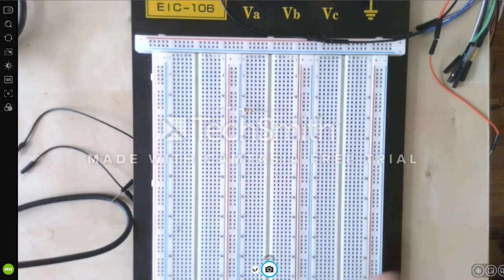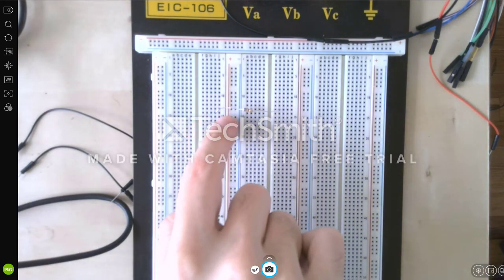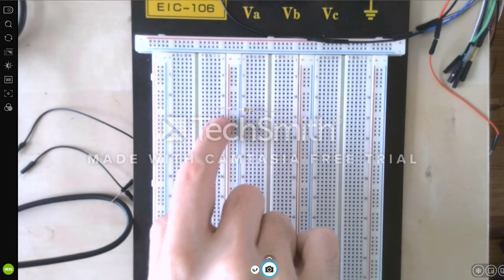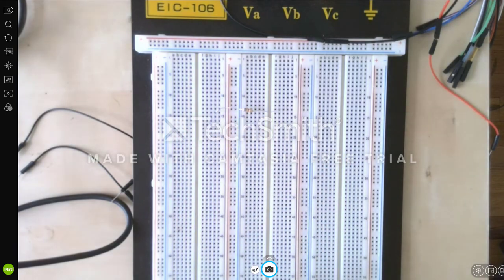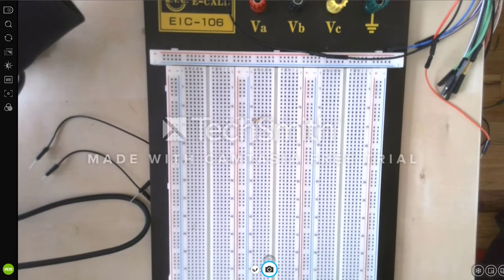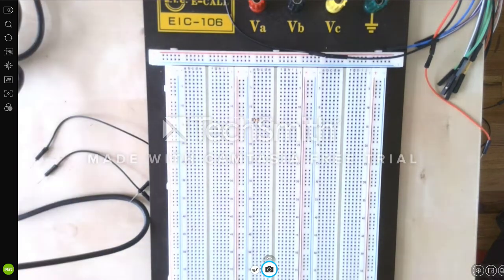Remember that five holes along a horizontal line in a column are connected, so we're going to use those. All right, we connected our resistor.